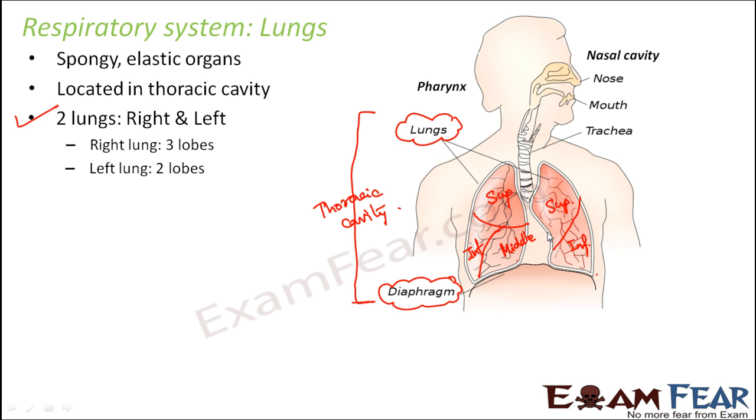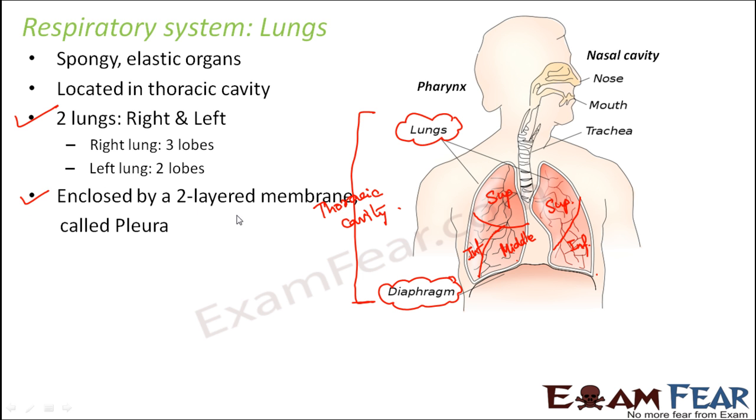The lungs can increase in size and accommodate the extra air you have breathed in. Similarly, when you breathe out, you are giving out air, so you do not need that much extra space. Since it is elastic, it gets back to a smaller size. That elasticity gives the flexibility to contract and expand depending upon the need.